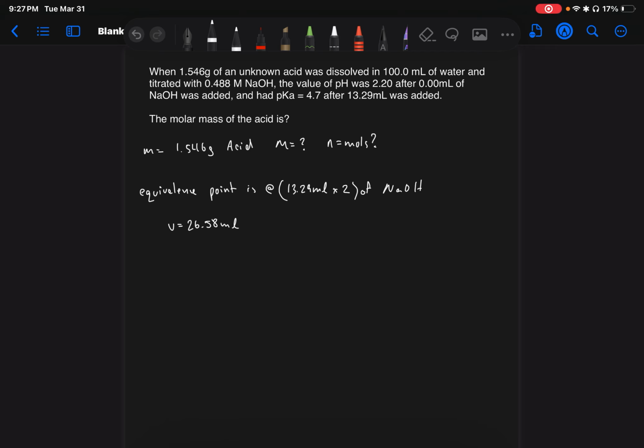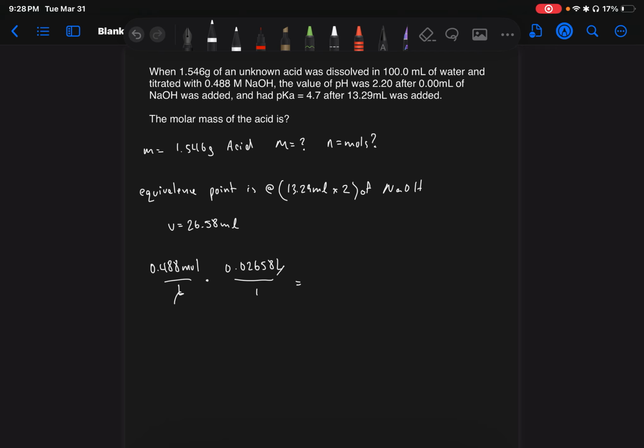26.58 mL of NaOH, and that's the equivalence point. So now, what do we need to find? We need to find how many moles of NaOH are present. So what's the molarity of NaOH? It's 0.488 moles per liter multiplied by the amount of NaOH that we added, so that would be 0.02658 liters.